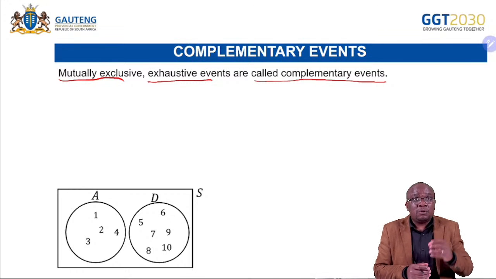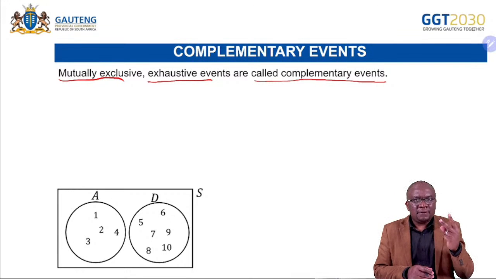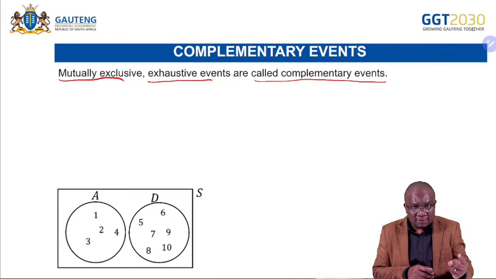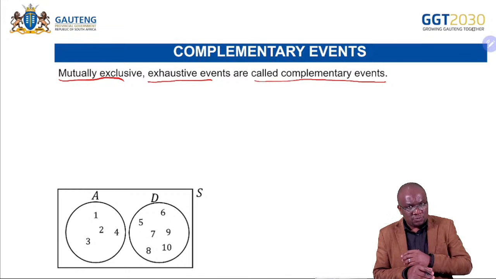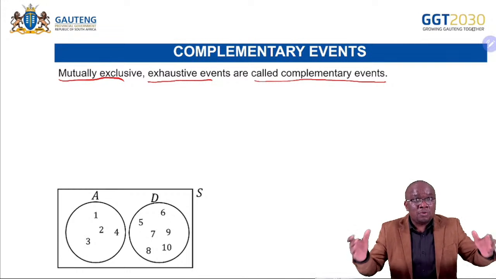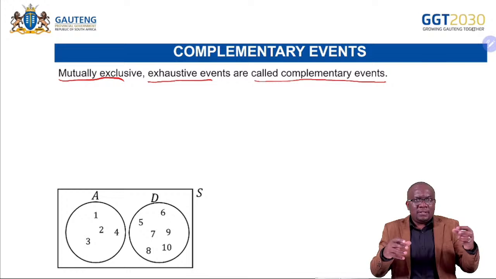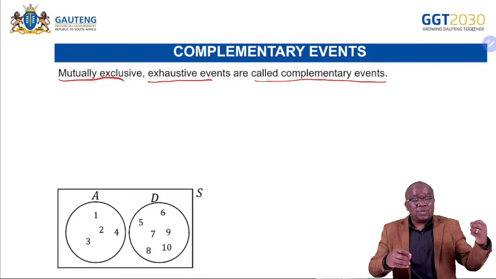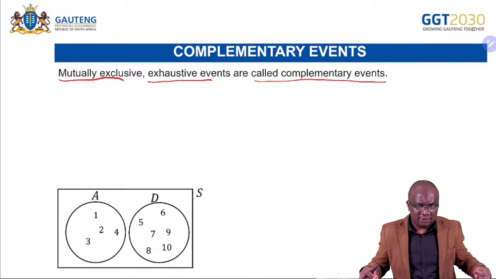So complementary events have two conditions. They must be mutually exclusive. They must be exhaustive. Think about the example that we've been using, mathematics and mathematical literacy. It is everyone in the class that makes it exhaustive, and there's no one who's doing both mathematics and mathematical literacy, which makes it mutually exclusive.